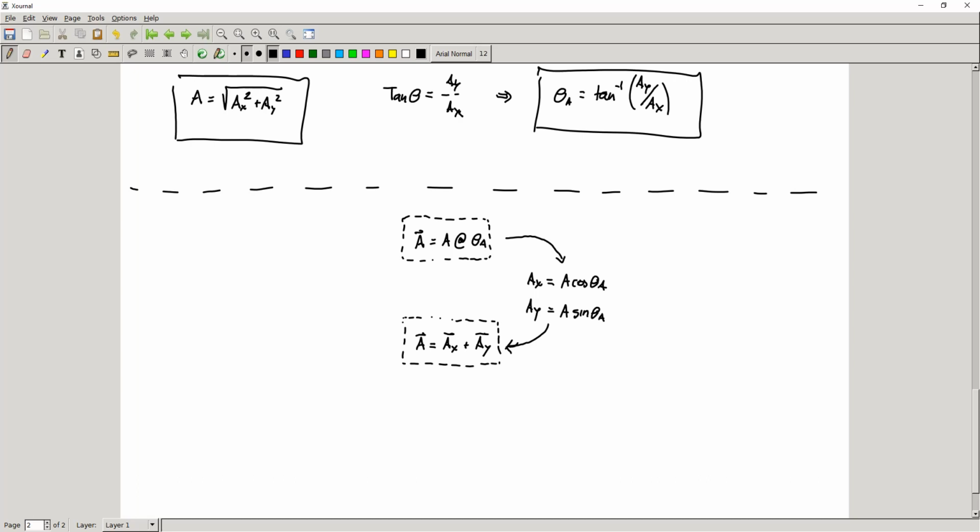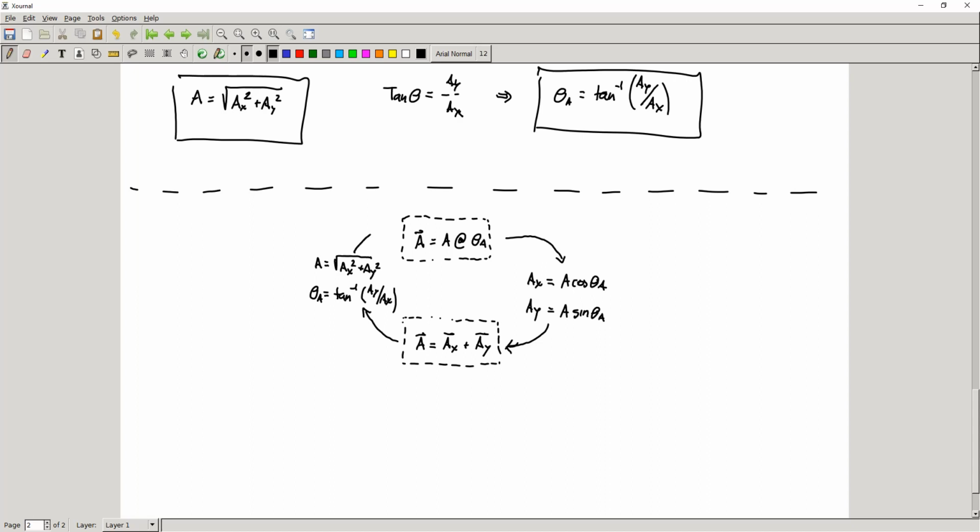Let's say afterward we're asked to rewrite this in terms of a magnitude and direction. Well, that's fine. To go back up this way, we can always get the magnitude a back from Pythagoras with ax squared plus ay squared. And if we want that angle, theta a, that's just tan to the minus 1 of ay over ax.